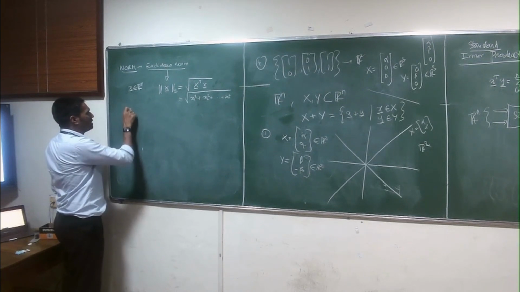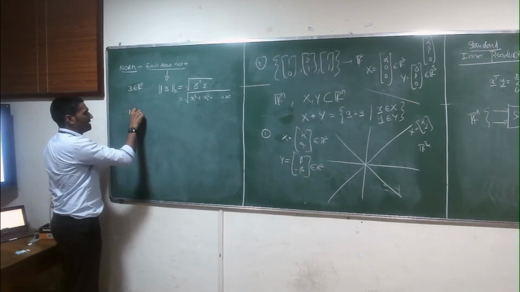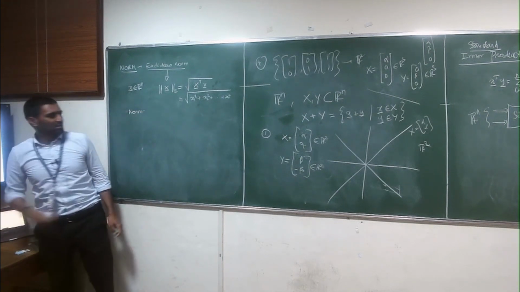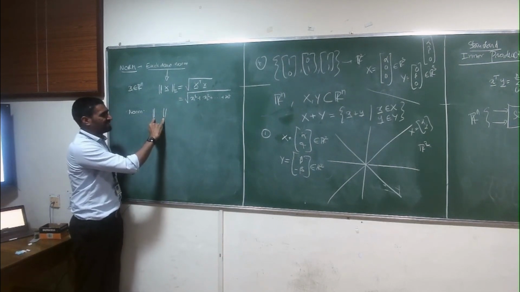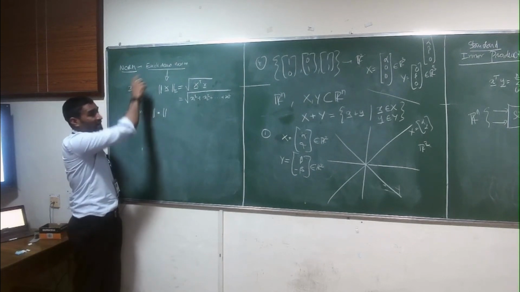So you say any function is a norm or is a valid norm, and the expression is two lines like this. And what goes in the center is any vector from Rn.